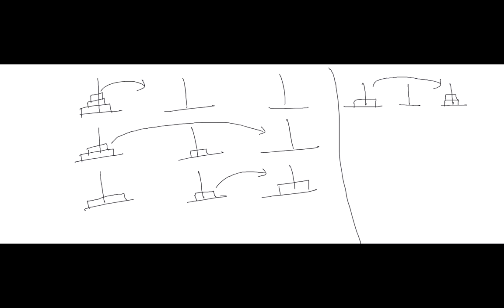So do you want to solve this? Anyone? This is a simple game. I just need to shift all these three disks from tower A to tower B, or let's say from tower source to tower destination, with the helper tower.